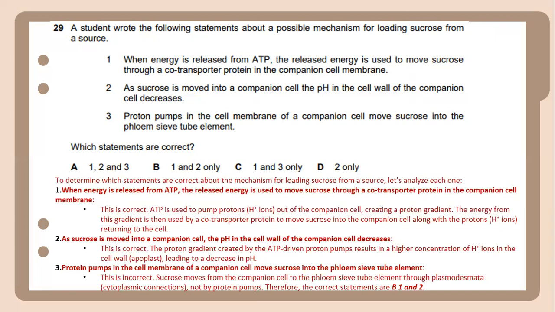And number 3 is incorrect because sucrose moves from the companion cells to the sieve tube through the plasmodesmata or cytoplasmic connections, not by a protein pump. So the correct answer would be 1 and 2, which is B.